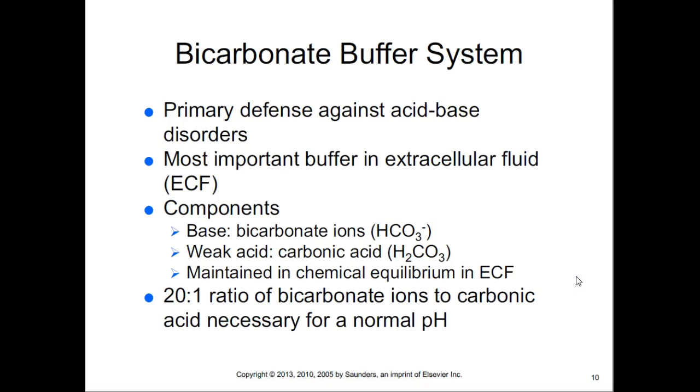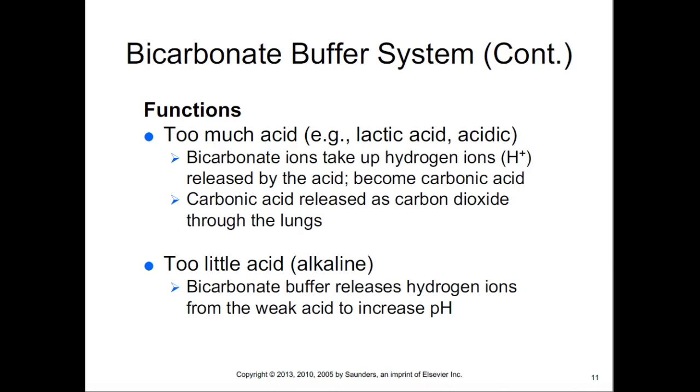Right, so too much acid, like for example, you make lactic acid, and you become acidic, right? So bicarbonate ions take up hydrogen ions released by the acid, like lactic acid, become carbonic acid, and then carbonic acid releases it as carbon dioxide through the lungs.